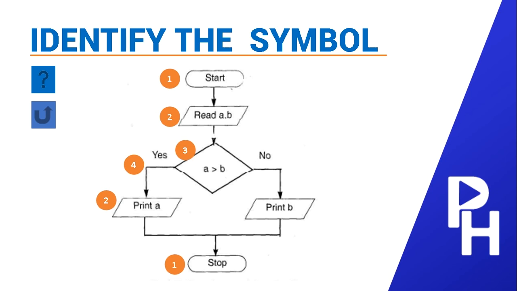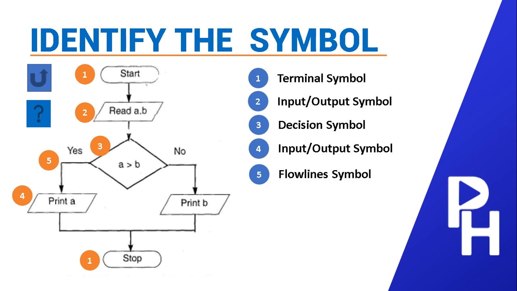In 3, 2, 1. You may check your answer. The first symbol is what we call the terminal symbol, start and stop. The second symbol is the input and output symbol that reads two variables.